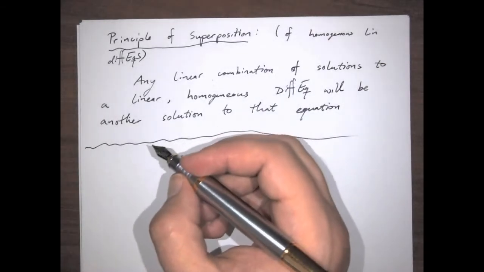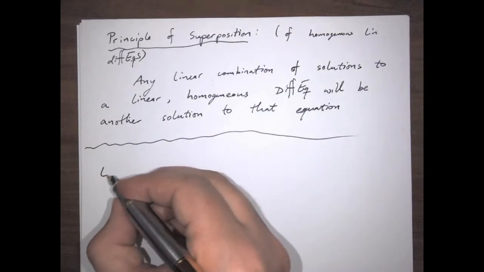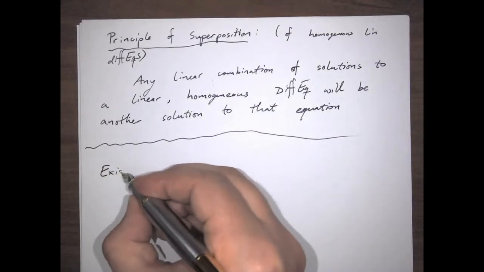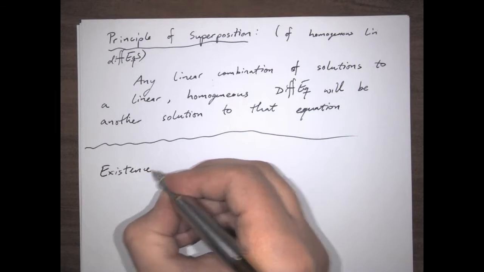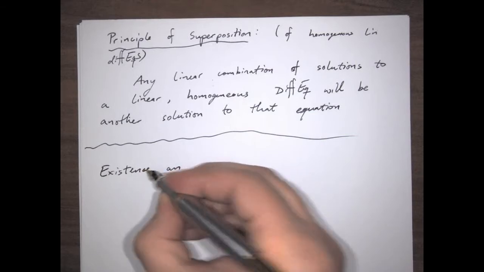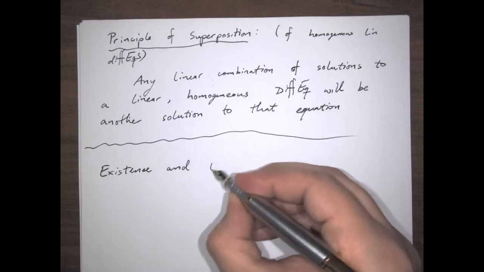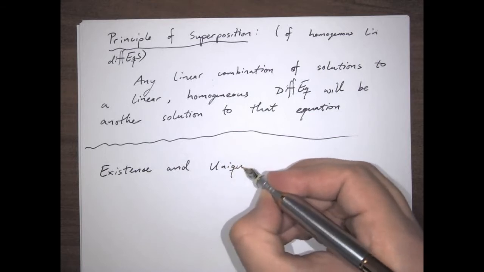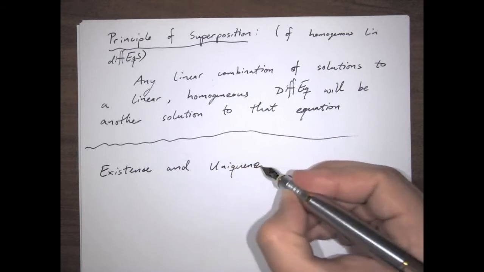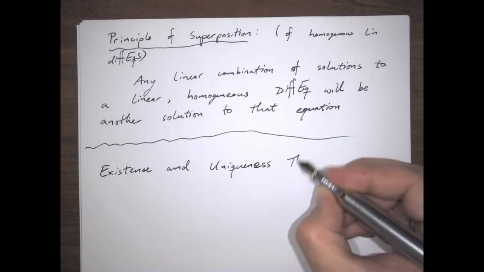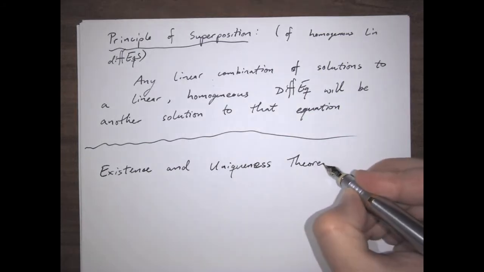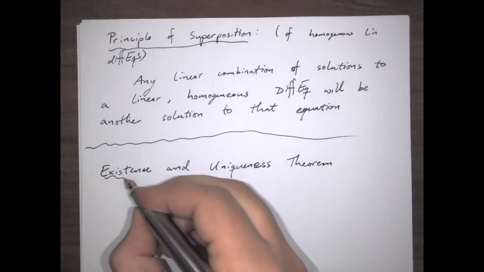Now also, there is the existence and uniqueness theorem. Now, at this point, we don't need it to be homogeneous anymore.